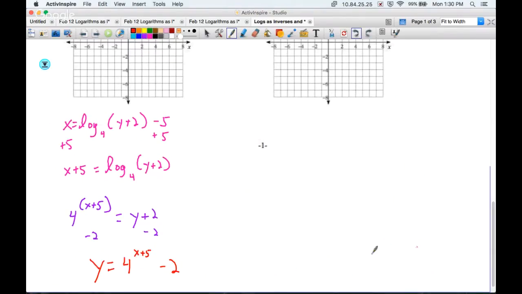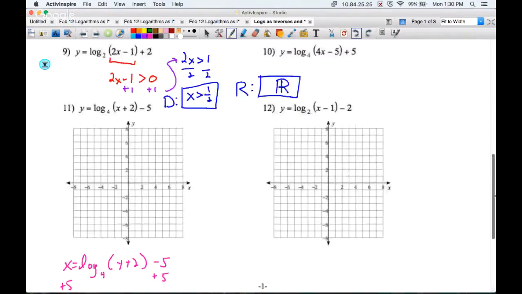All right, so there are two shifts happening here. This plus 5 being done directly to our variable is going to shift us left 5, and this minus 2 is going to shift us down 2. That's just for the exponential graph. Then we'll have to invert all of those points to get our other graph.